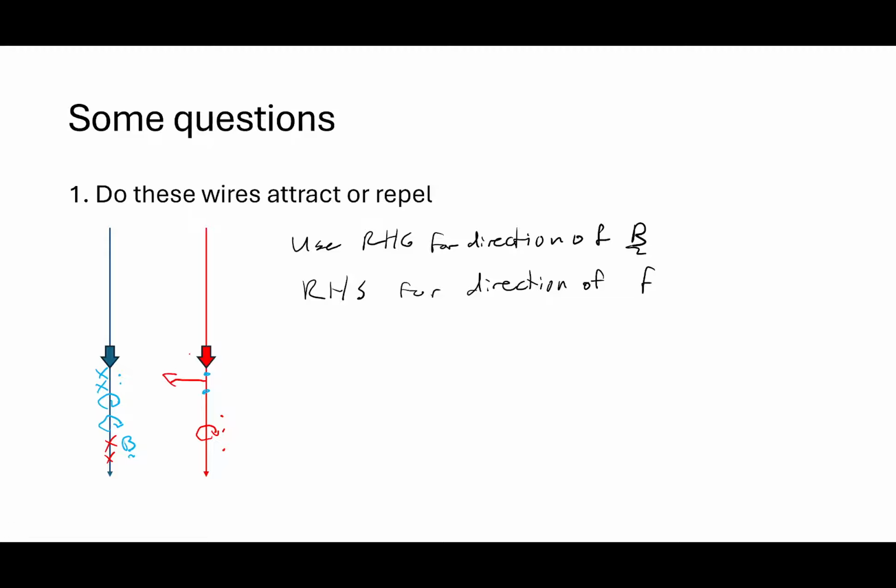Using the right hand slap rule, we have force going from the red wire to the blue wire. Now, we have current going down, but magnetic field going into the page. So that means force going to the red wire for the blue wire. So they attract.